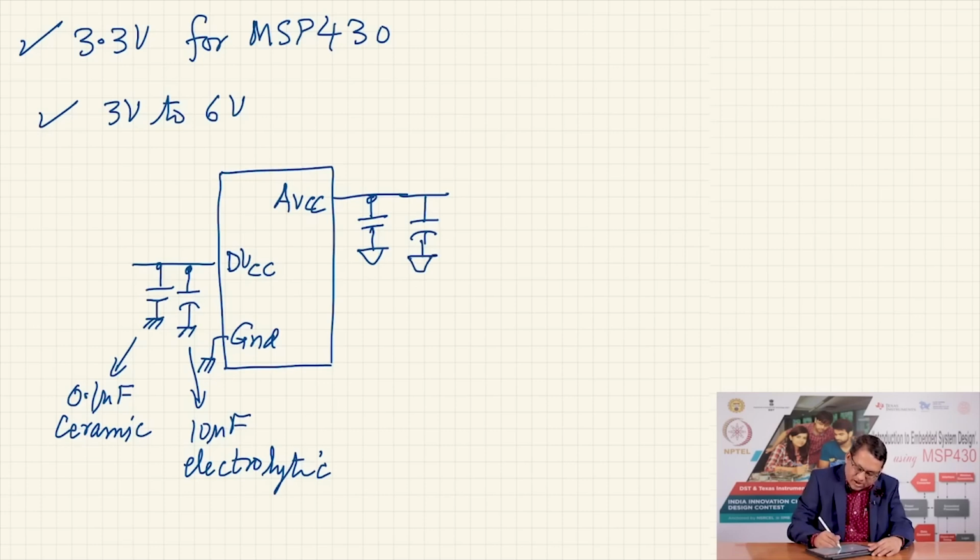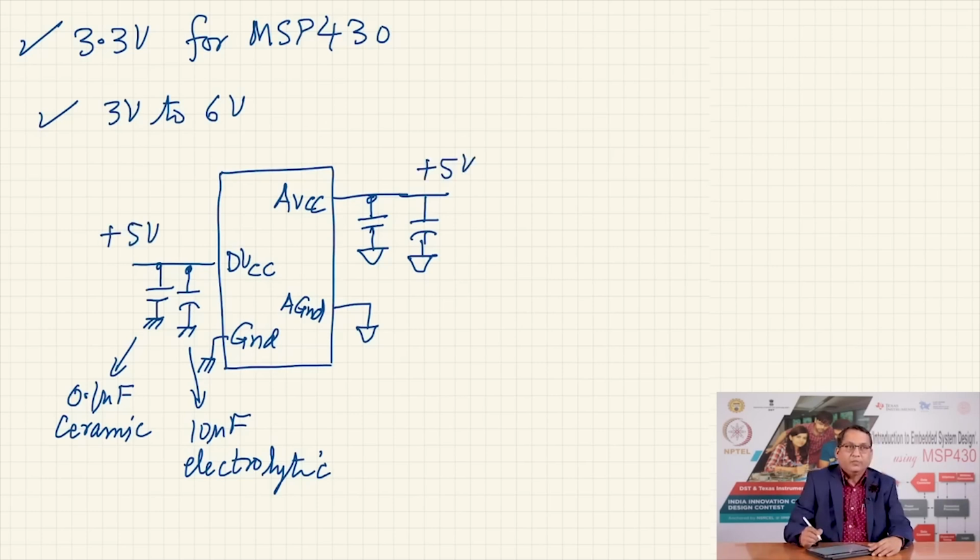So, this I would call AGND, and this I am grounding like this. This could be plus 5 volts, this could also be plus 5 volts, but because I have connected the ground here separately, the source of the pins' power supply is say plus 5 volts here, and this is my ground.